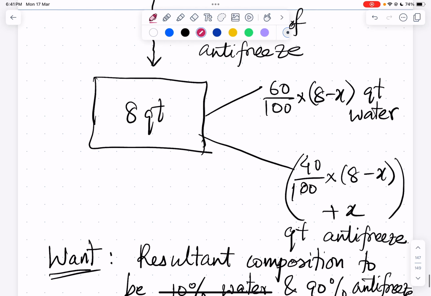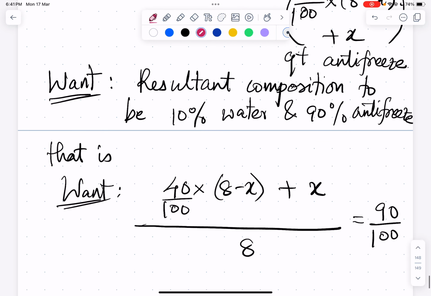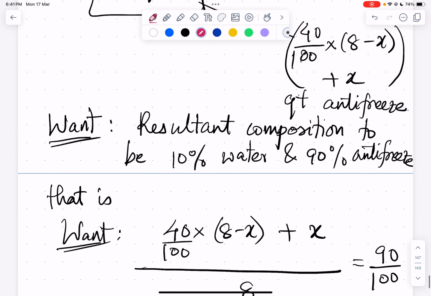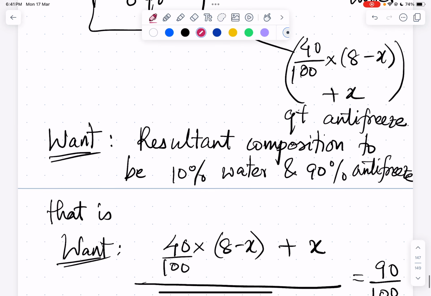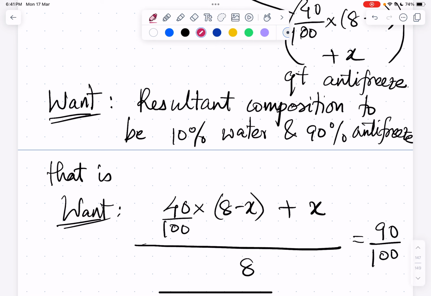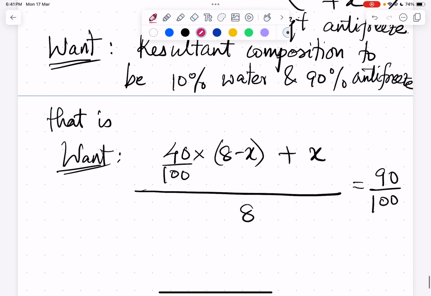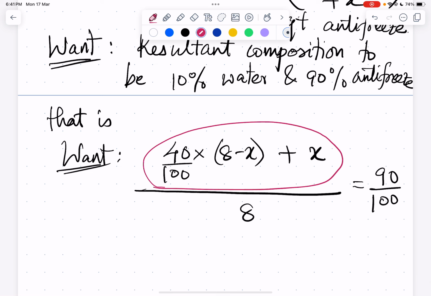So we want this percentage by volume. So 40 by 100 times 8 minus X plus X is the resultant volume of antifreeze, and 8 is the total volume of the mixture in the end. So this is volume of antifreeze at the end.